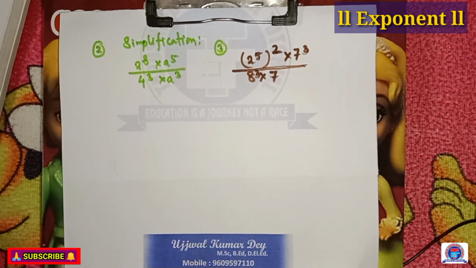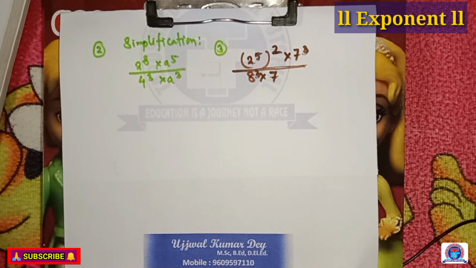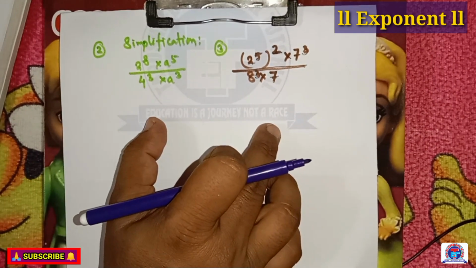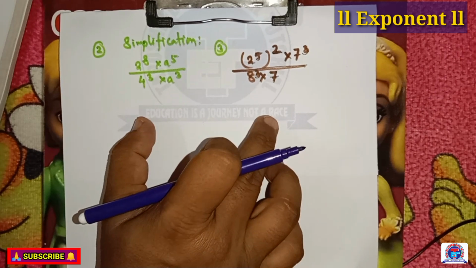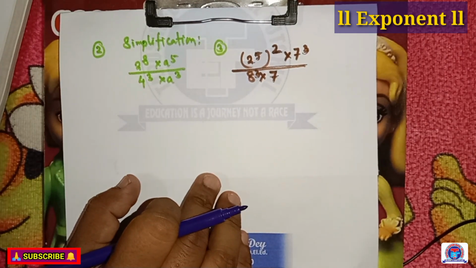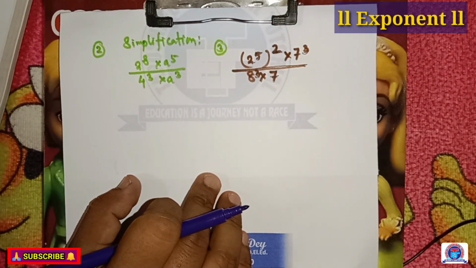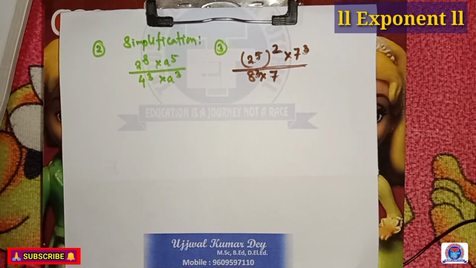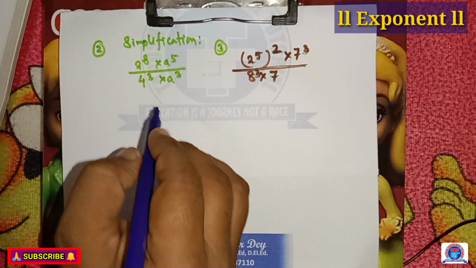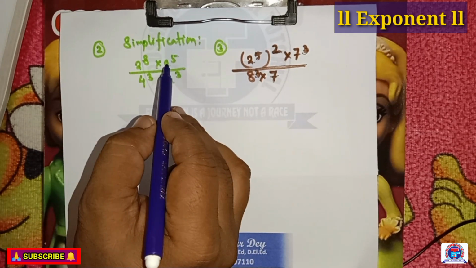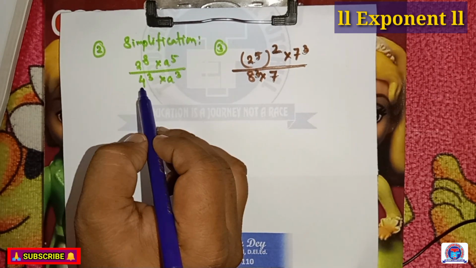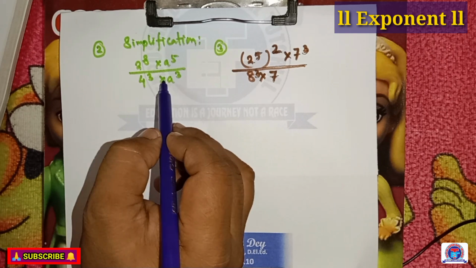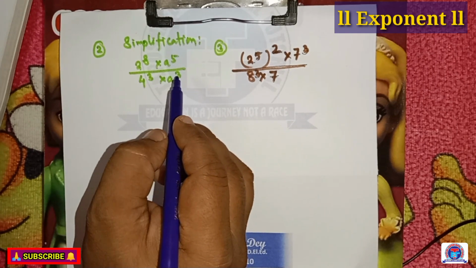Here I will solve two simplification mathematical problems. Let's see how to solve these problems related with exponents, correct? Here given 2 to the power 8 into 8 to the power 5 divided by 4 to the power 3 and 8 to the power 3, correct?